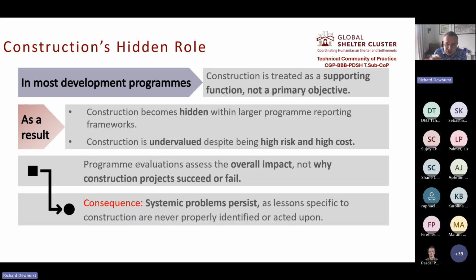Program level evaluations, when they look back, usually focus on the overall impact rather than the performance of individual projects, which means that we rarely understand why specific construction projects succeed or fail. And consequently, these challenges persist. Construction-specific lessons learned are seldom identified or applied, leading to systemic and persistent issues.